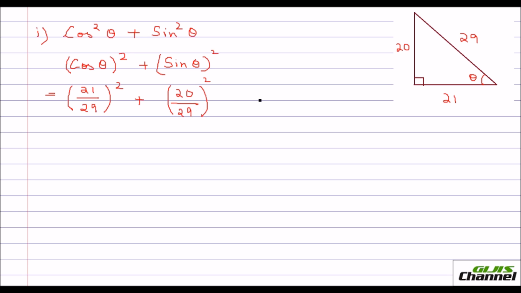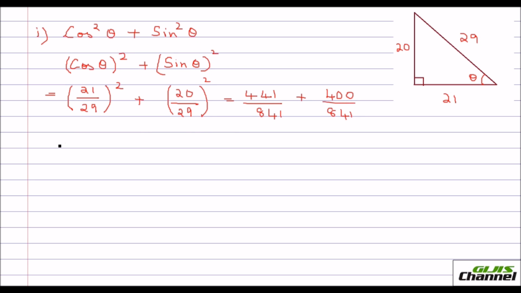When you square the numerator and the denominator, 21 square is 441 over 29 square is 841, plus 20 square is 400 over 841.